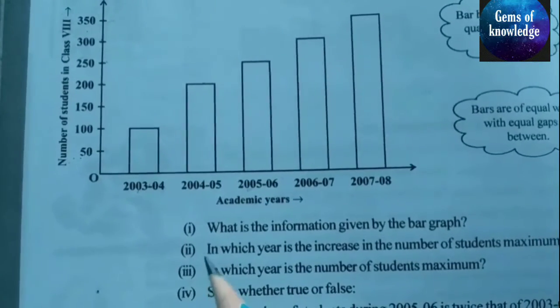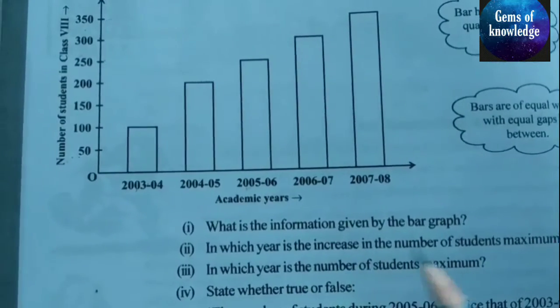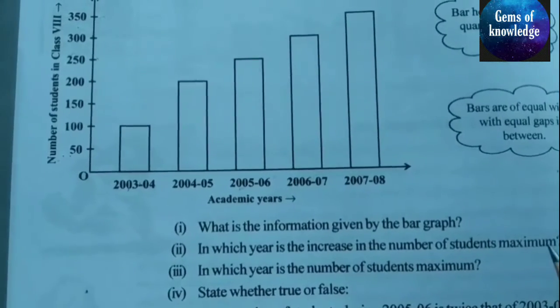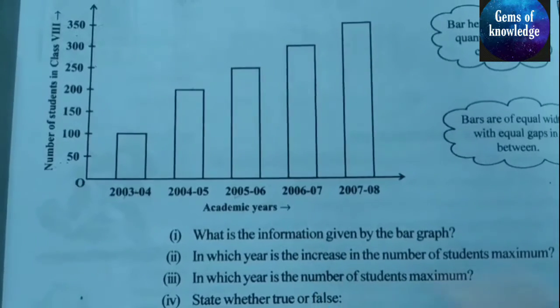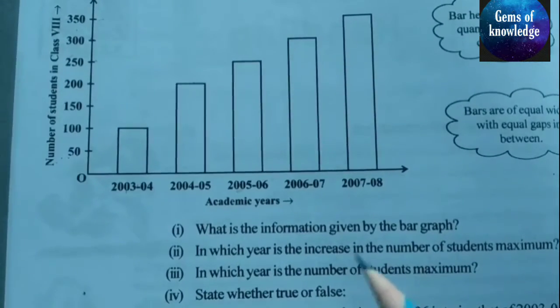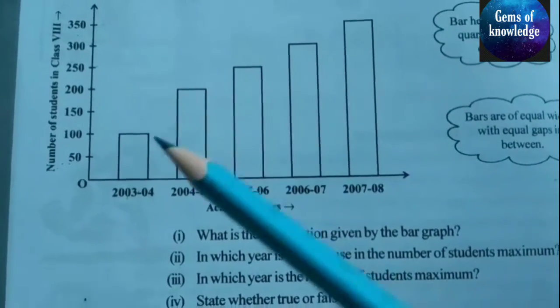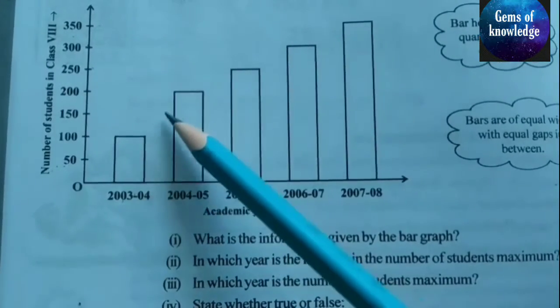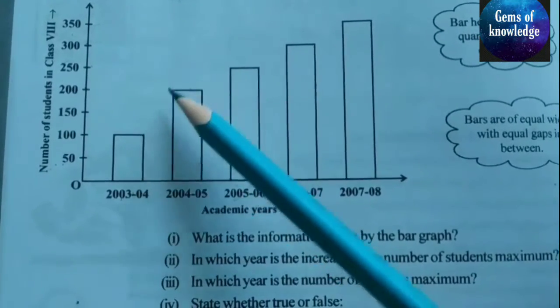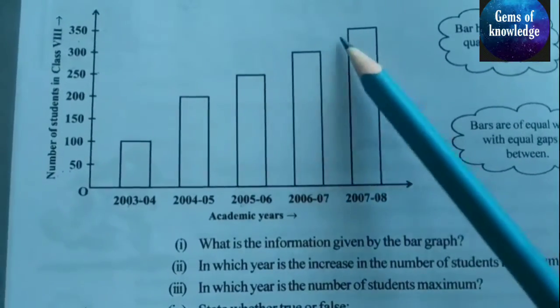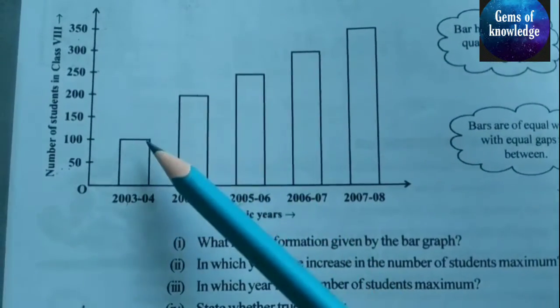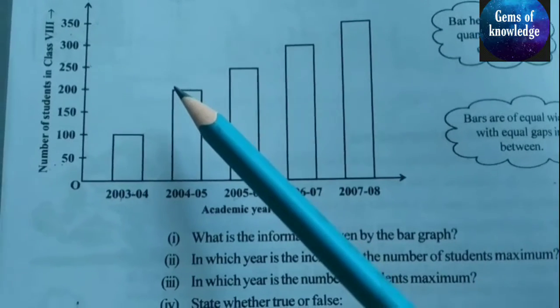Next, in which year is the increase in number of students maximum? So in which year you can see there is a sudden increase in the number of students to the maximum level. Here there is not that much height, but here you can see there is a sudden increase in the students number.